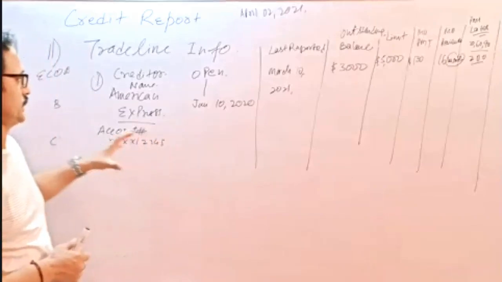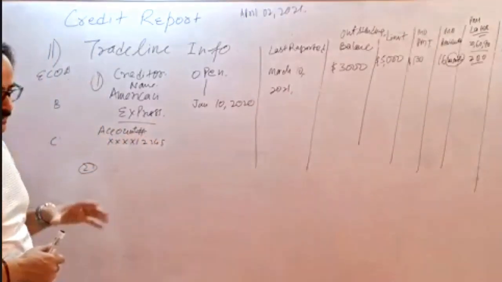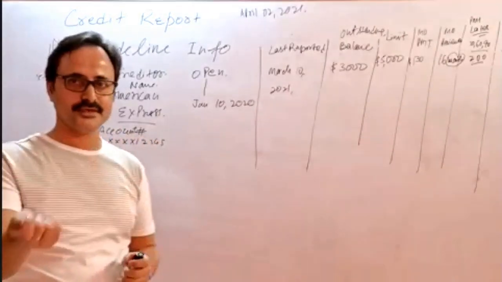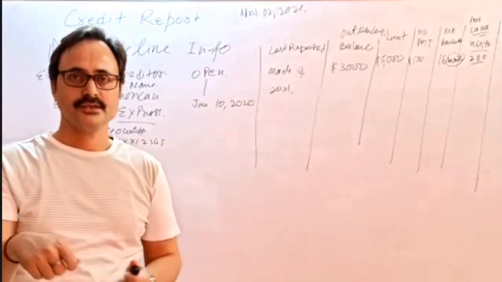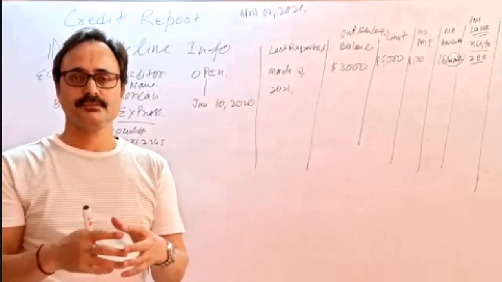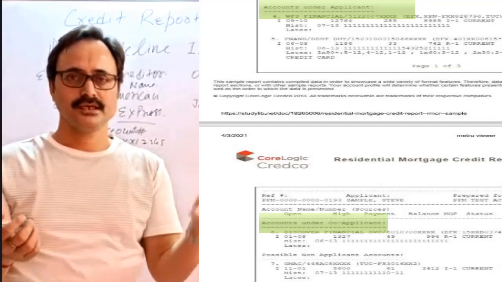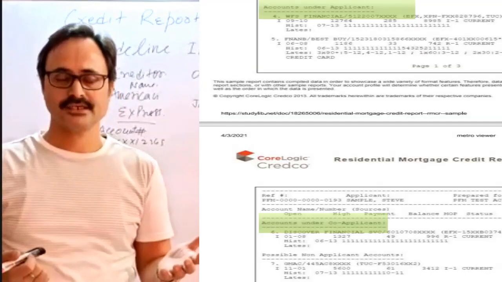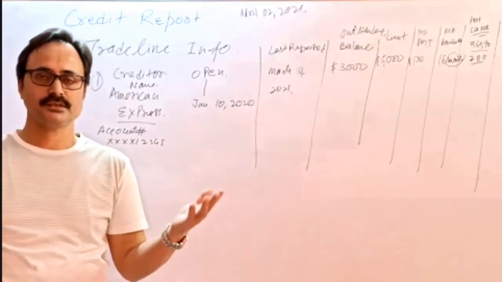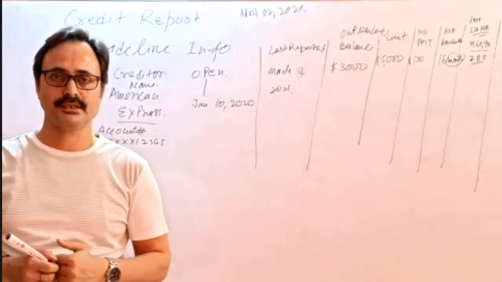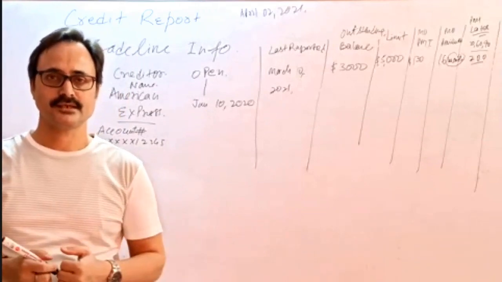Now here we will get to know, there is a possibility that the husband has a different credit card and the wife has a different credit card. So when we merge their report, it could be that the husband is using an American Express card, whereas the wife is using some other bank, like Wells Fargo or a Chase credit card.